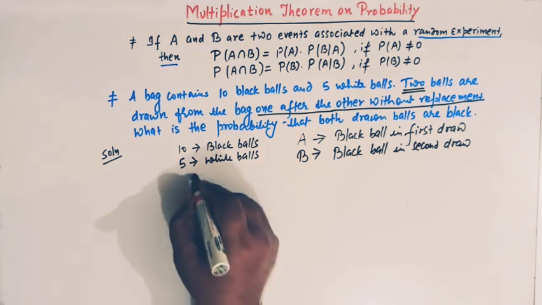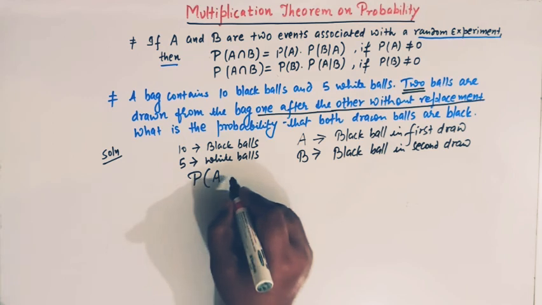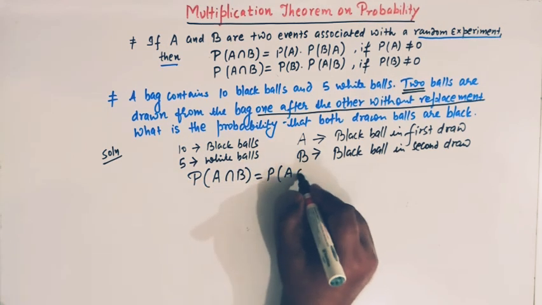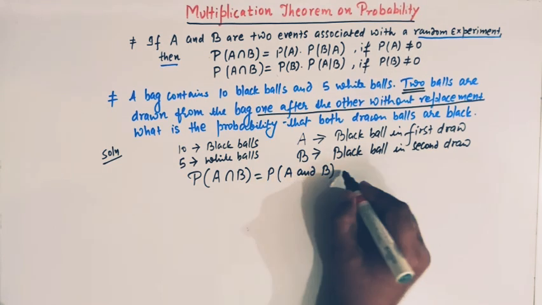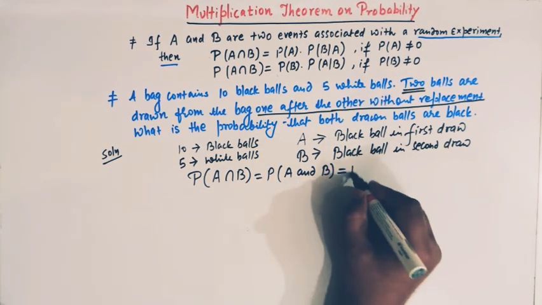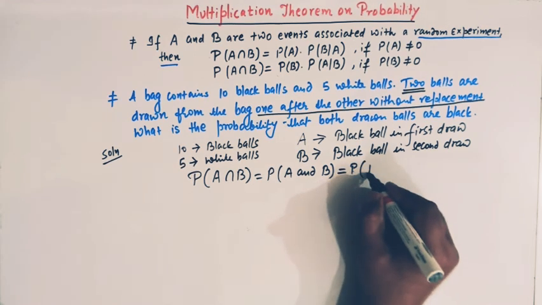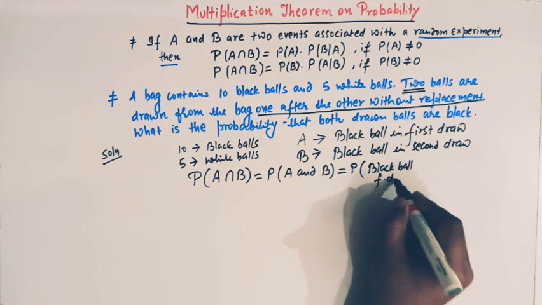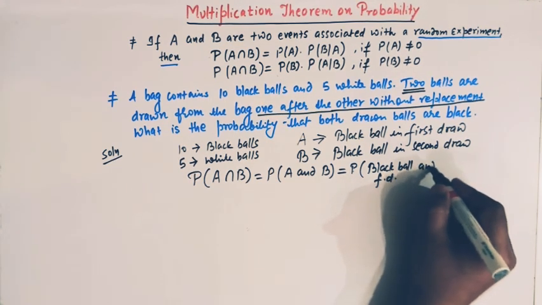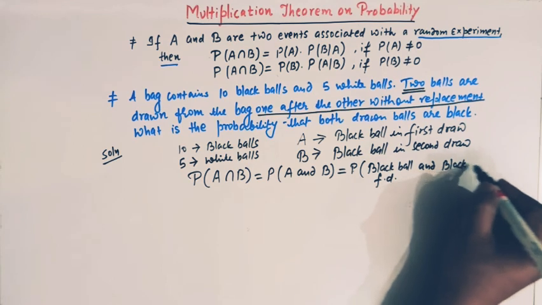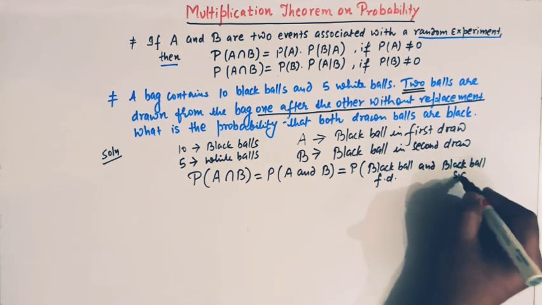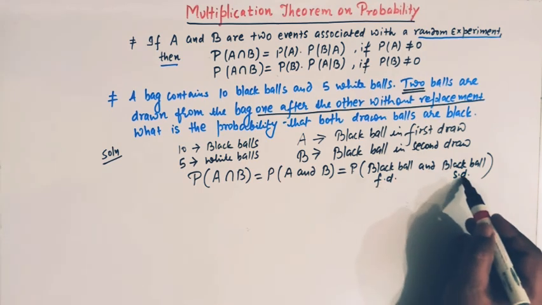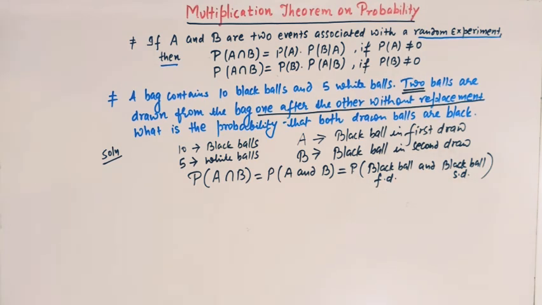So we have to find the probability of A intersection B. It means A and B, and this can also be written as the probability of getting a black ball in first draw and black ball in the second draw, right? So FD stands for first draw, SD stands for second draw, right?